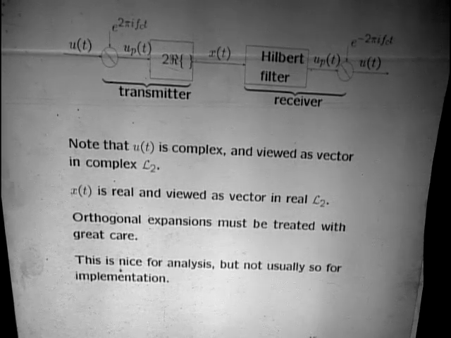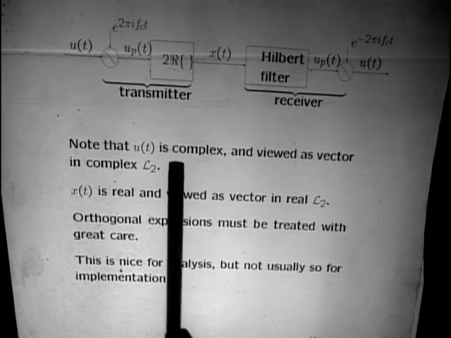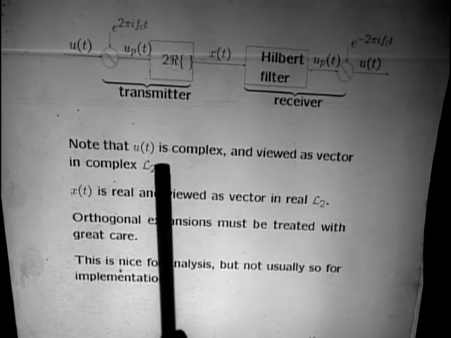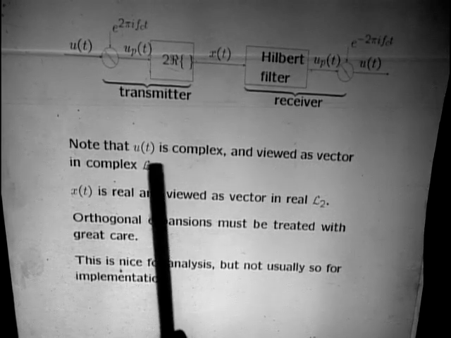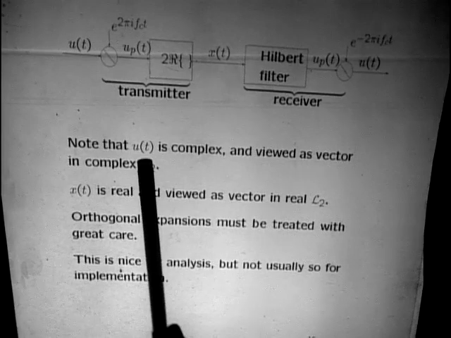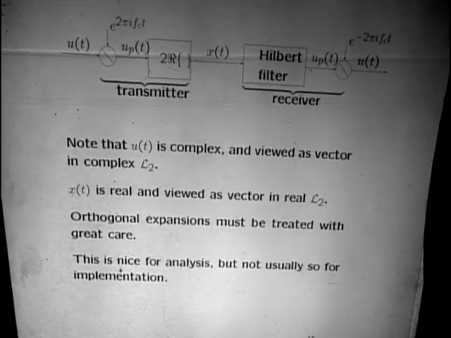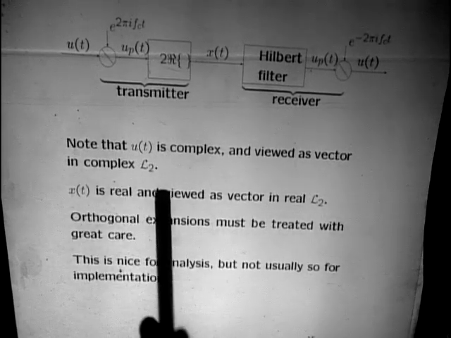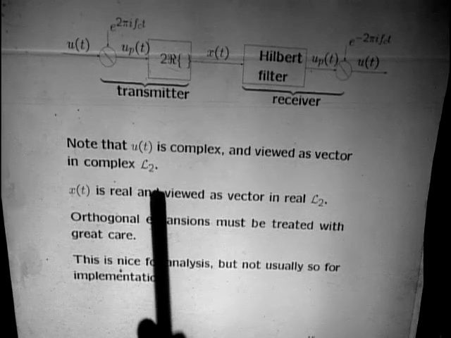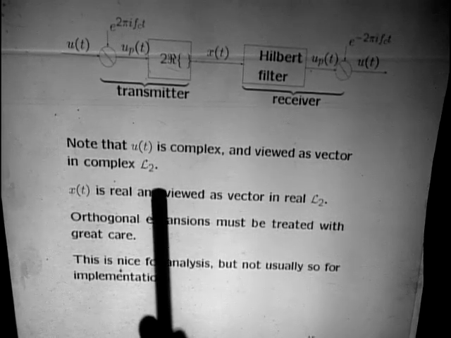Now, if you want to view these vectors here as vectors, you want to view u of t as a vector in L2, there's an important thing going on. We'll have to talk about it a good deal later on. This is a complex waveform. You want to view it as a vector in complex L2. In complex L2, when we're dealing with vectors, we have scalars, which are complex numbers.